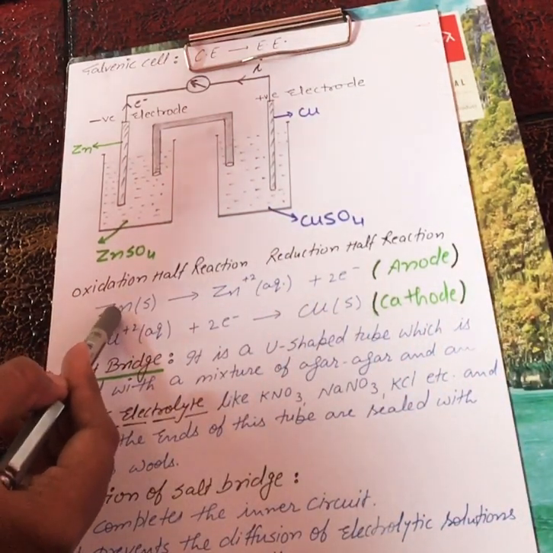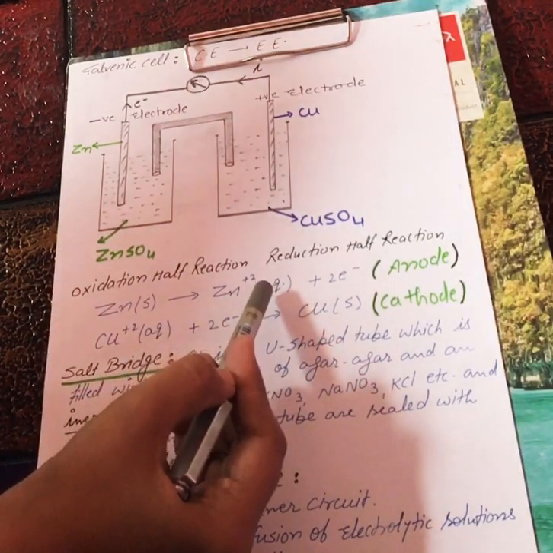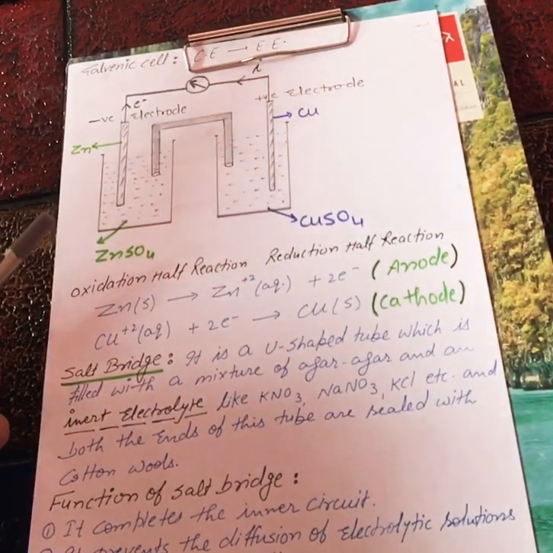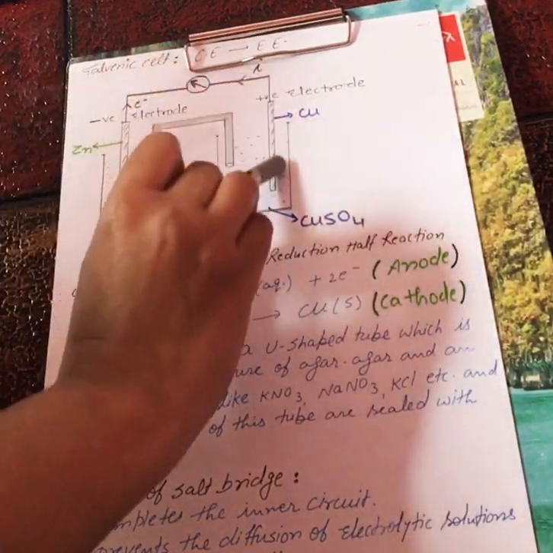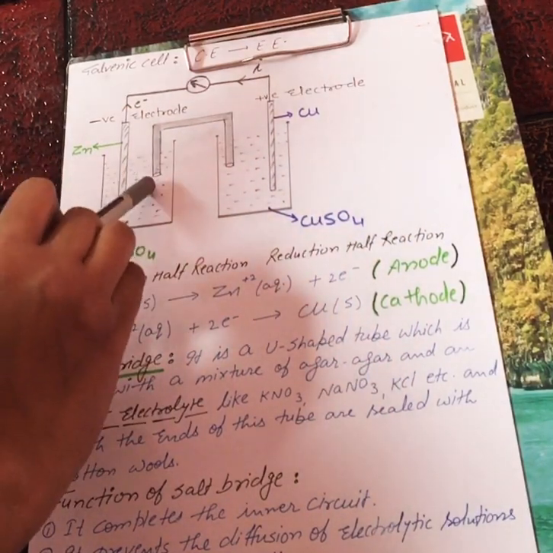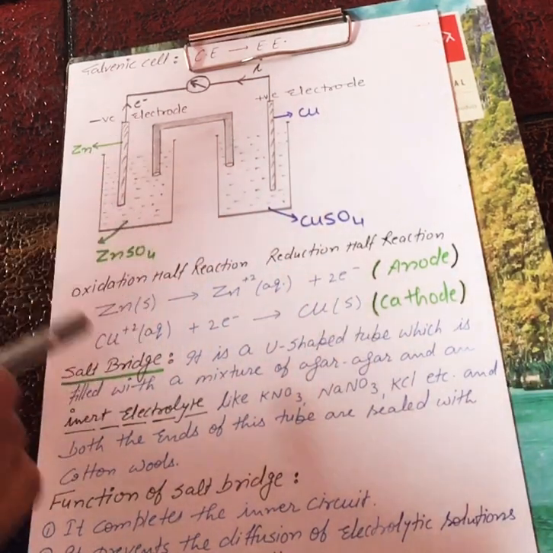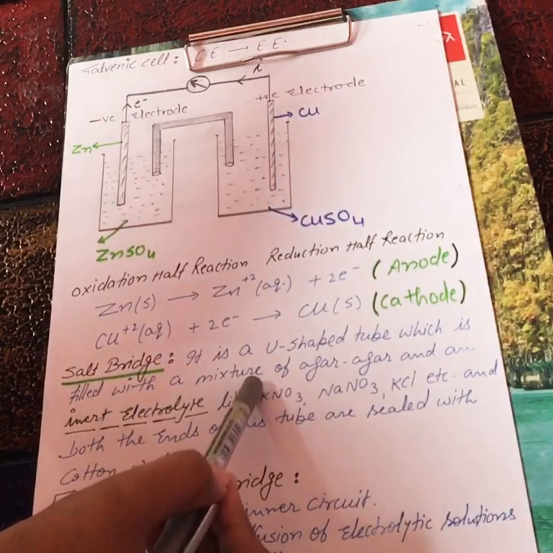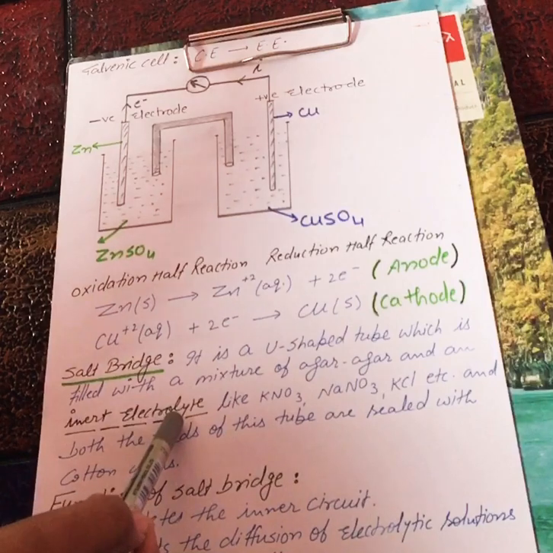The zinc plate acts as oxidation, will show the oxidation. Okay? So listen, this circuit is complete. The external circuit is complete here, but the internal circuit is not complete, by which we insert here a salt bridge. A salt bridge is a U-shaped tube which is filled with a mixture of agar-agar and an inert electrolyte.